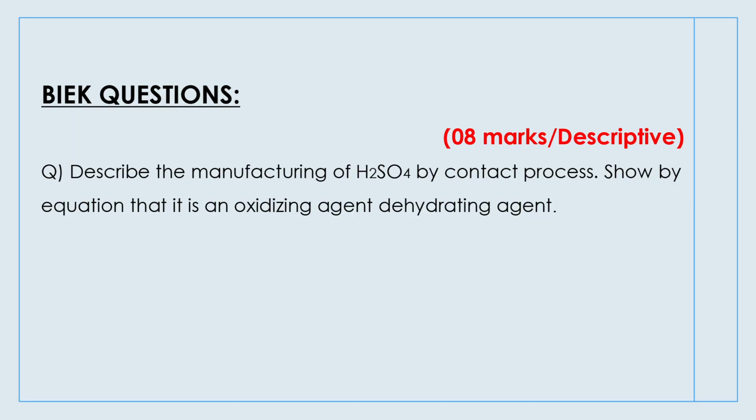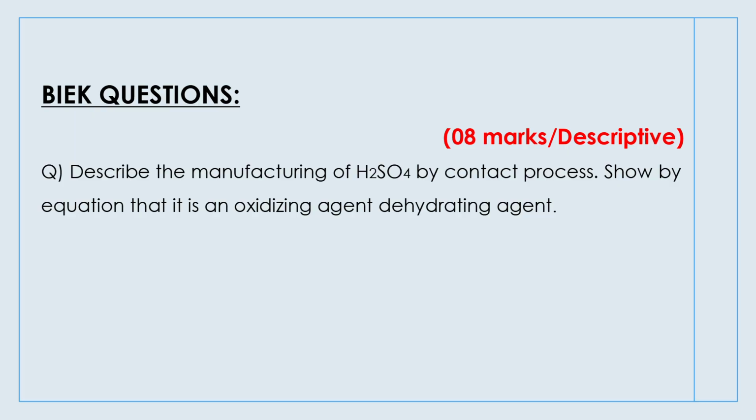3 marks are remaining. It means 1.5 marks for oxidizing agent and 1.5 marks for the dehydrating agent. It means at least 2 equations for the oxidizing and 2 equations for the dehydrating agent must be mentioned to attain full marks. Now it's completely up to you what equations you want to attempt. For example, for oxidizing agent, you can write down the equation of the reaction of sulfuric acid with carbon and then with sulfur, or you can write a metal and non-metal.